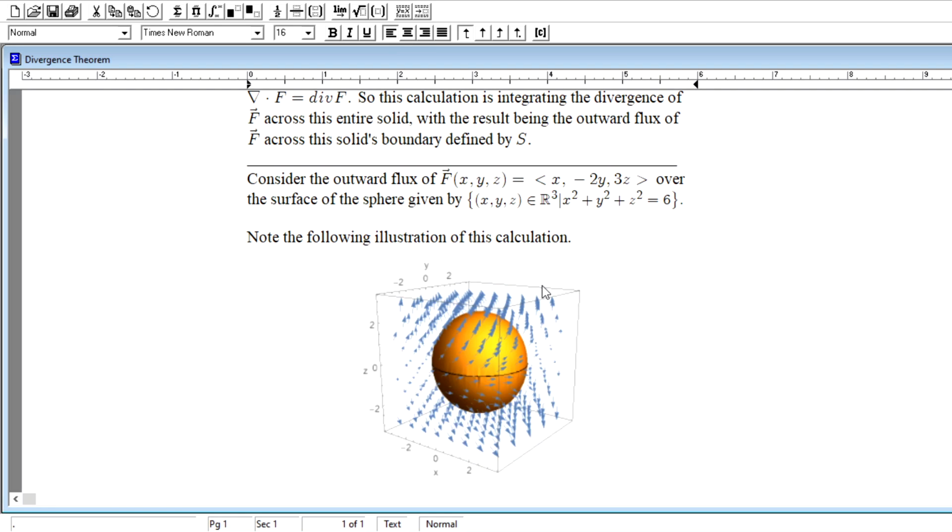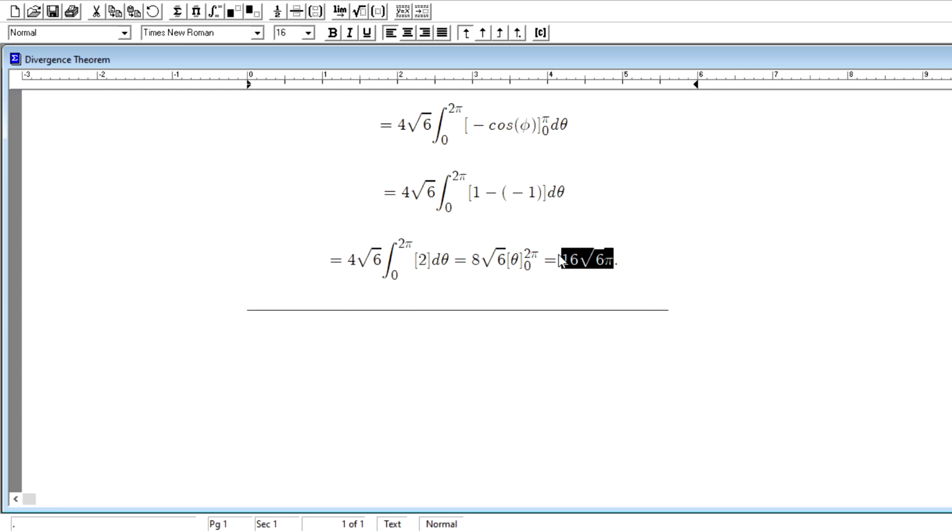More of the field is diverging from the surface than is moving into the surface in terms of the fluctuation across the surface, right? And remember, what flux does measure is that amount of the field that's moving orthogonal to the surface, right? And the total amount of field that's moving orthogonal to the surface is 16 root 6 pi units in measurement. That is the flux of this field across this surface.